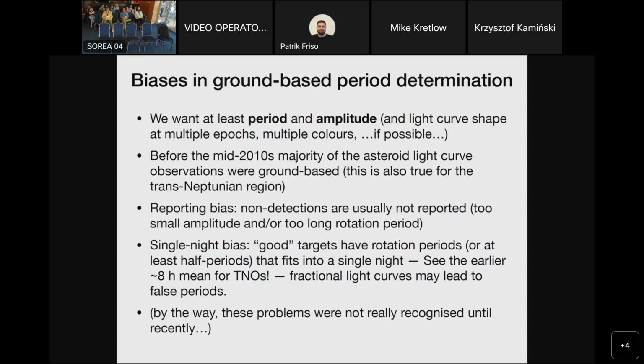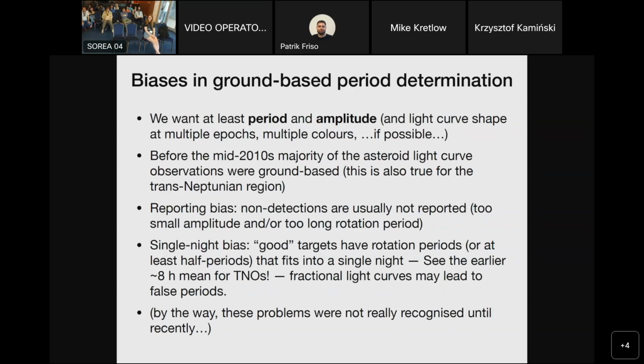So the good targets have a rotation period which fits into a single night. This is very clearly seen from the earlier average rotation period of trans-Neptunian objects, which was roughly 8 hours. So 8 hours is something that in a longer winter night, you can easily fit into the observations.